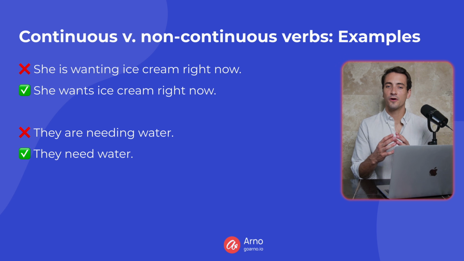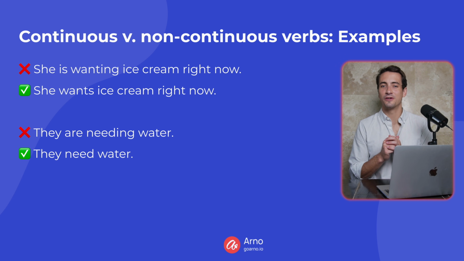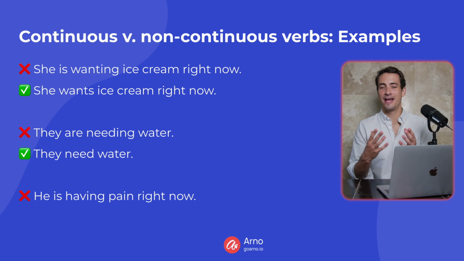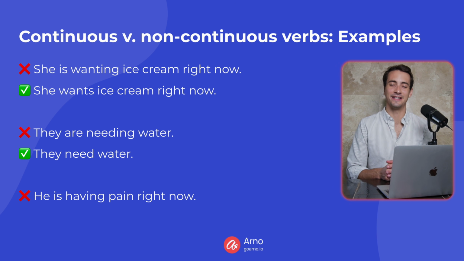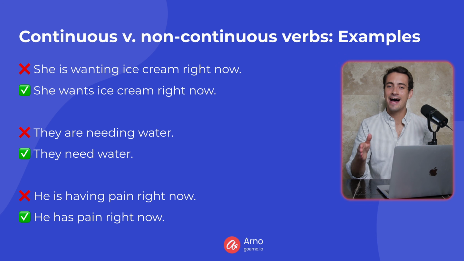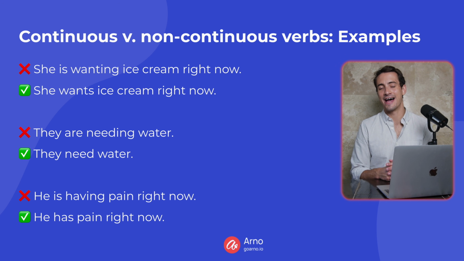The third verb where many non-native English speakers make mistakes with the present continuous is to have. So many people say or write things like, he is having pain right now. That's incorrect. They need to say instead, he has pain right now, which uses the present simple.